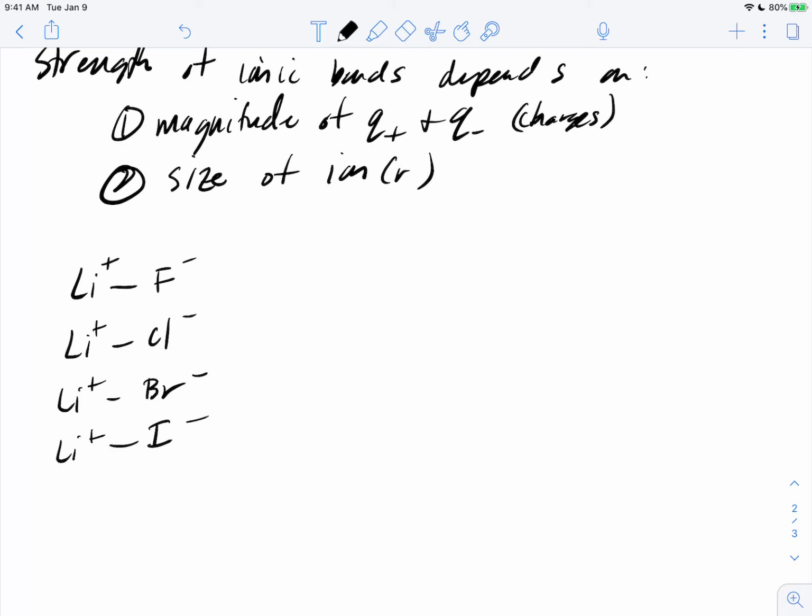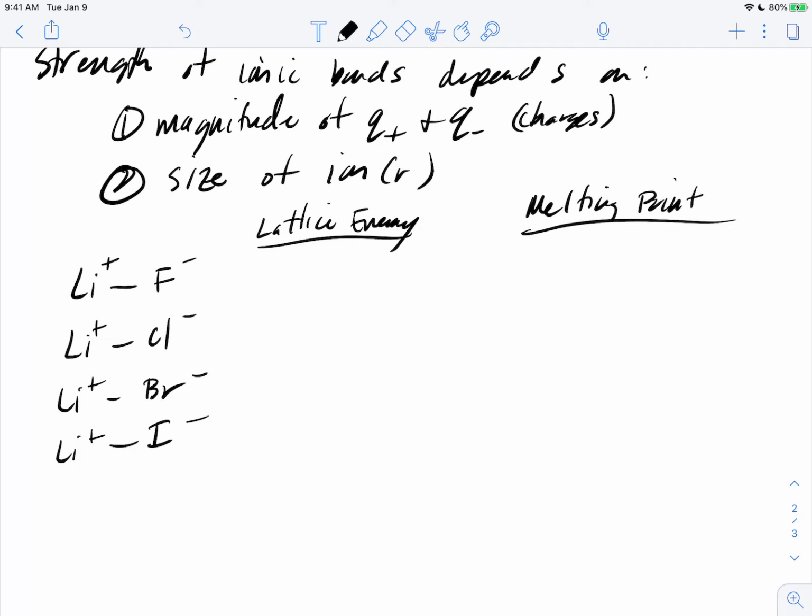We can look at the strength of these interactions either using something called the lattice energy or the melting point. Now these correlate very strongly, though they're different numbers.